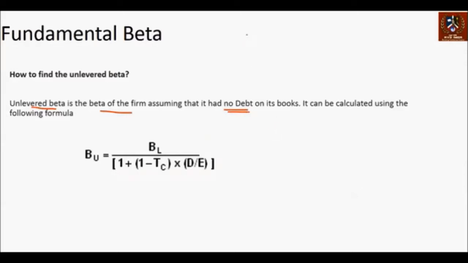So how do you do that? You take whatever beta you calculated and you divide it by 1 plus debt by equity of the firm. And because debt has a tax shield, you also do 1 minus tax here. That is what is called unlevered beta, right?